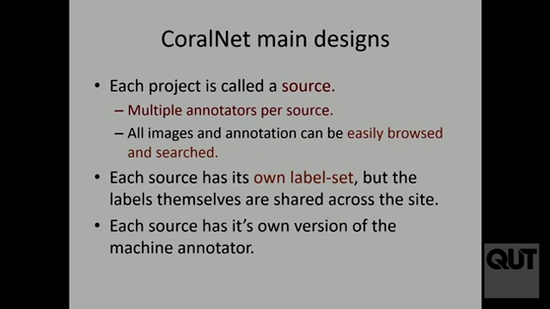So the main designs, really quickly. Each project here is called a source. You can assign multiple annotators per source. Images and annotations can be easily browsed and searched. Each source has its own label set, but the labels are shared across the site. And each source has its own tailor-made version of the machine annotator.